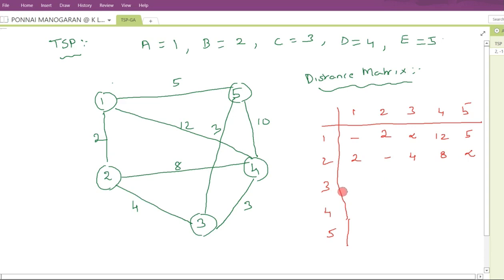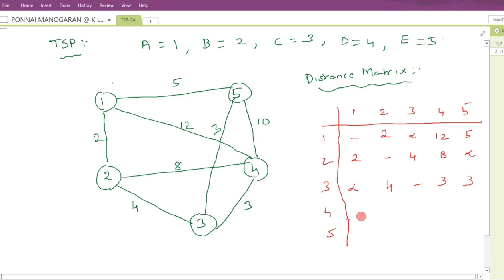So 3 to 1 also there is no path, infinity. 3 to 2 is same as 2 to 3, and 3 to 3 there is no self, it is meaningless for this traveling salesman. 3 to 4 there is a path and the length is 3. Between 3 and 5 the path is there.